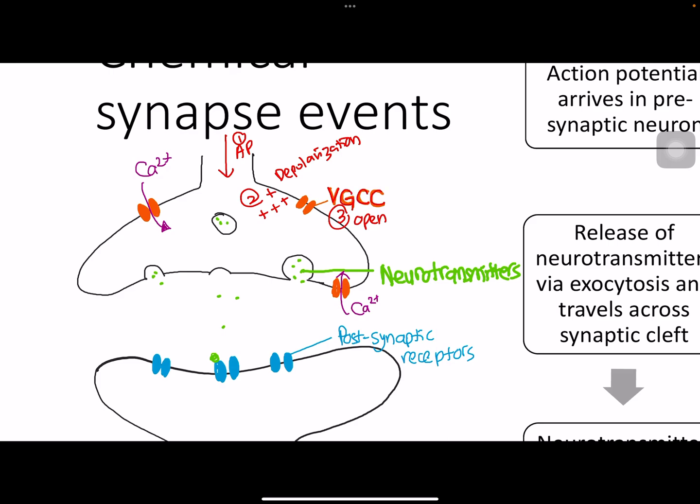As the name suggests, this protein channel only opens upon stimulation by the voltage, which is the membrane potential of this synaptic end bulb.